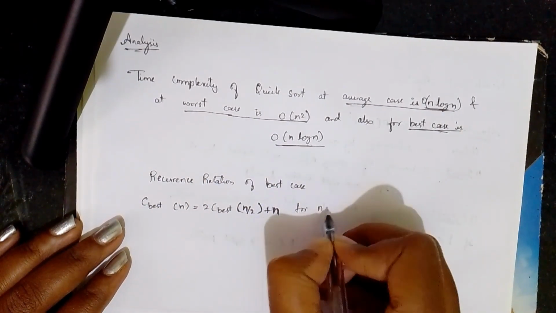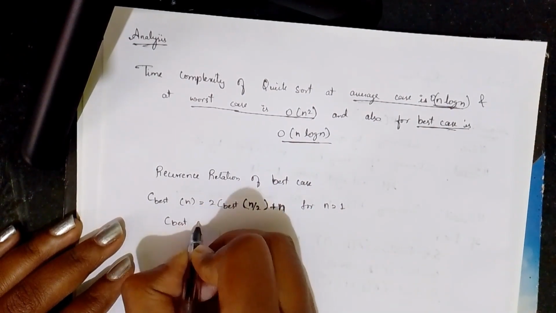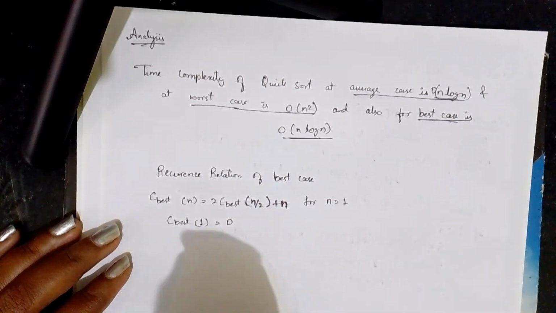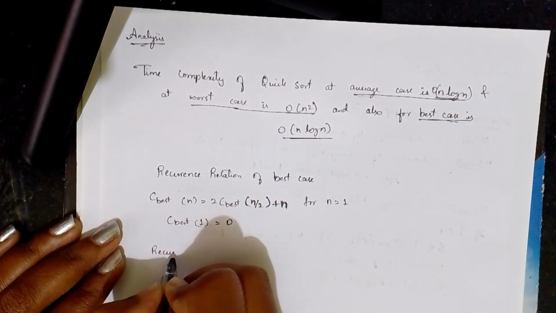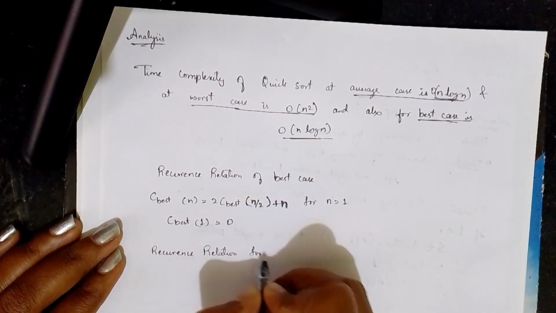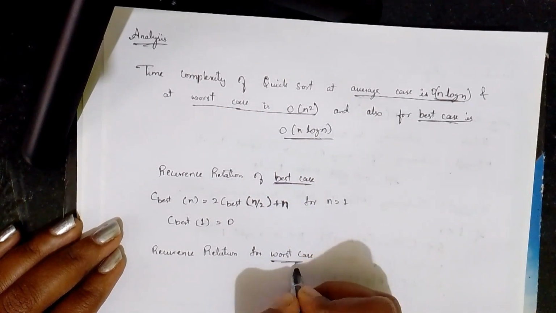This is for n greater than 1, and for C_best when n equals 1 we get 0. Okay, and the recurrence relation for the worst case: this is for best case, this is for worst case.